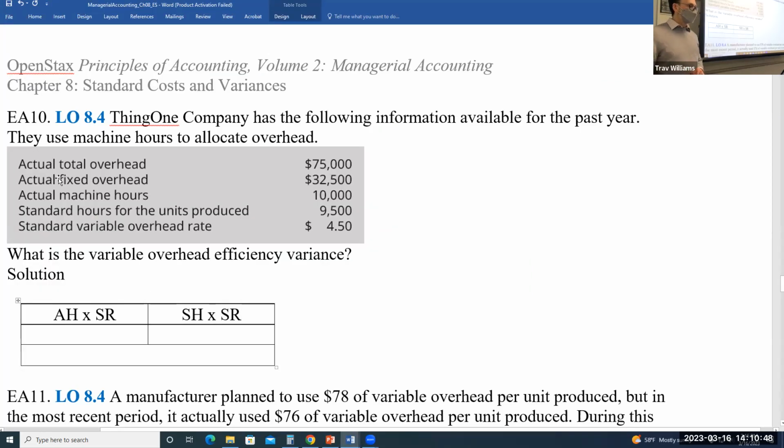So actual hours, they tell us are 10,000. Standard rate is $4.50. So that goes in 2 spots. And standard hours are 9,500 units. Okay, so let's see if this comes out right.